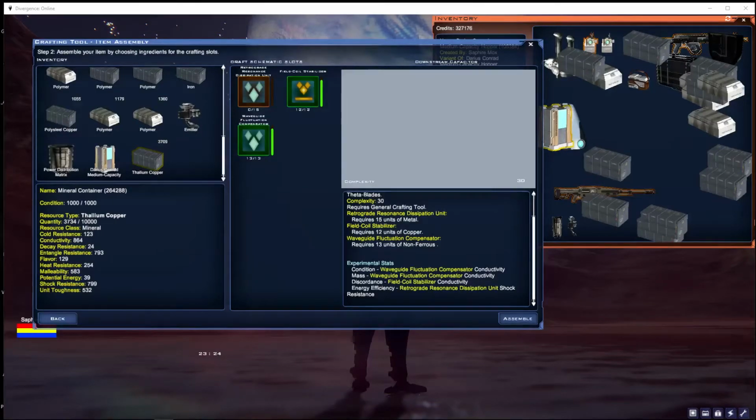Okay, 900 is actually the best. However, the 894 for the thallium is the most abundant as far as my supply, at approximately 50,000 units.